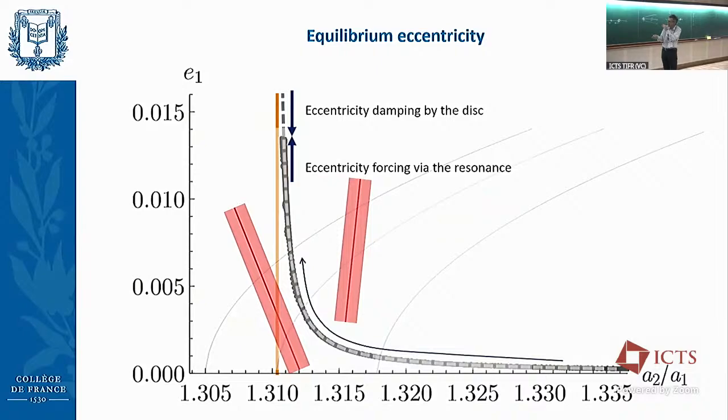That means that the planet follows the locus of equilibrium points, which is this curve. And as it approaches the resonance, the eccentricity has to rise because this is the locus of the resonance. And again, this eccentricity rise is eventually counteracted by the eccentricity damping from the disk. So it's what I showed before, with hands, a little bit more precise.